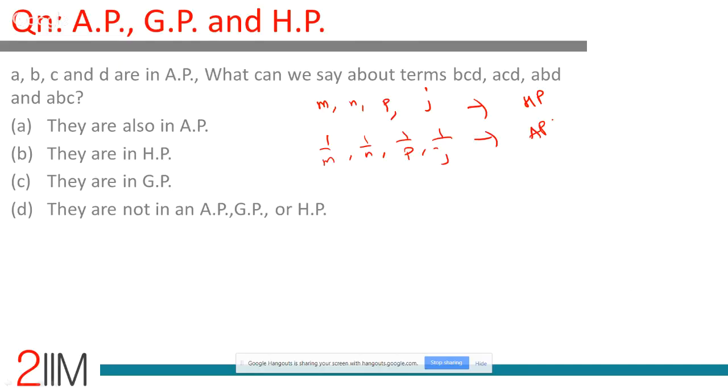A, B, C, and D are in AP. What can we say about BCD, ACD, ABD, and ABC? A very good question to discuss these things, probably slightly at the tougher level as far as the algebra is concerned. Harmonic progression is not commonly tested. You need to know the funda, but don't get into the formula. Not worth it.